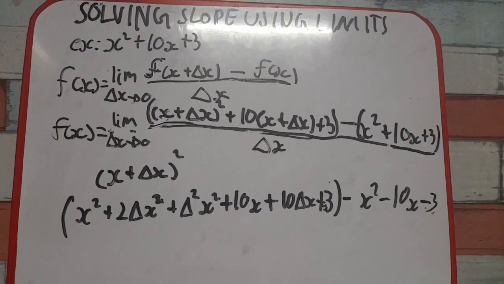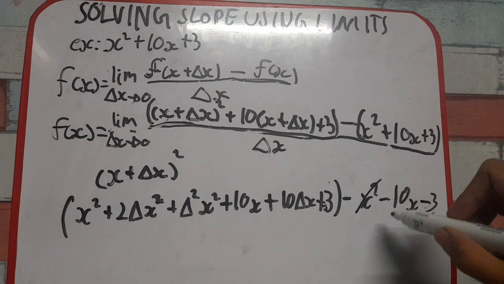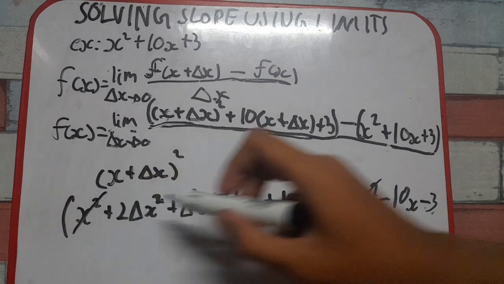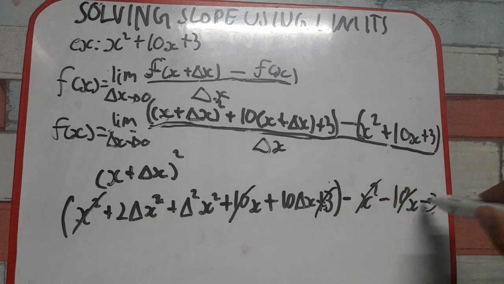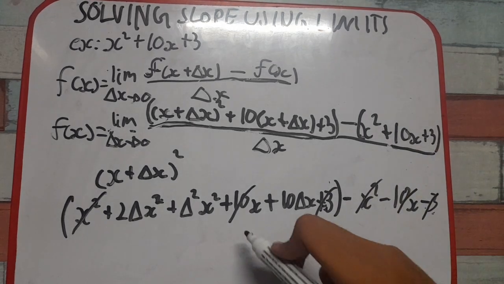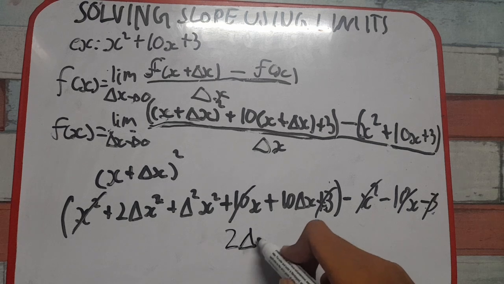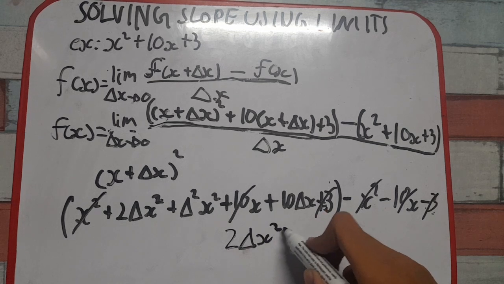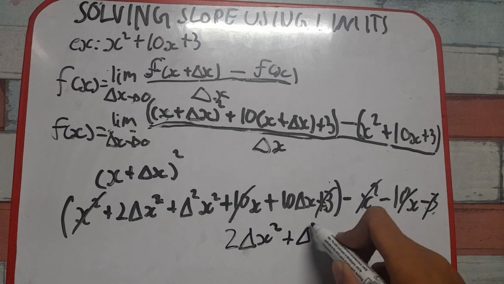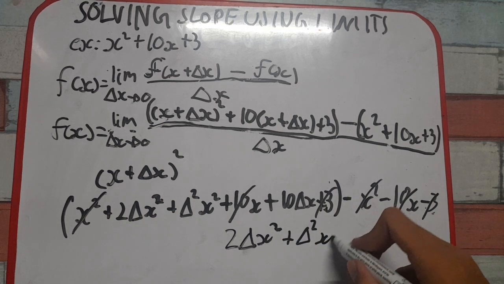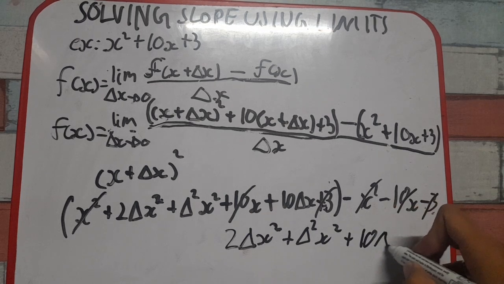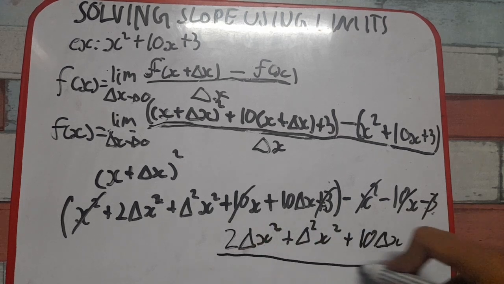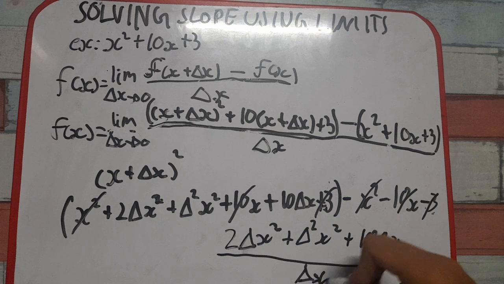Now we can cross out all the common terms, x squared and 10x right here, which is 0, and then 3. All we have left is 2x delta x plus delta x squared and 10 delta x, all over delta x.